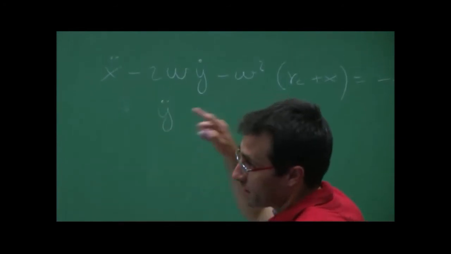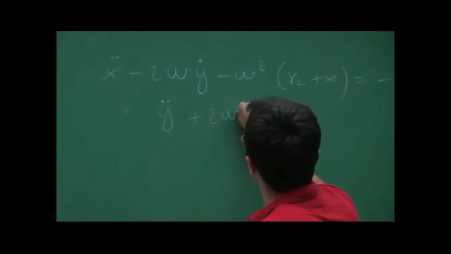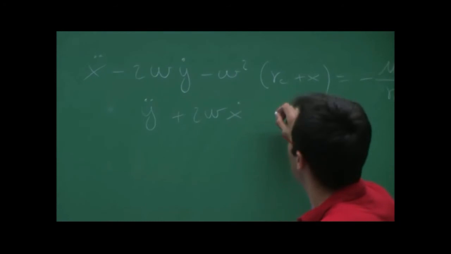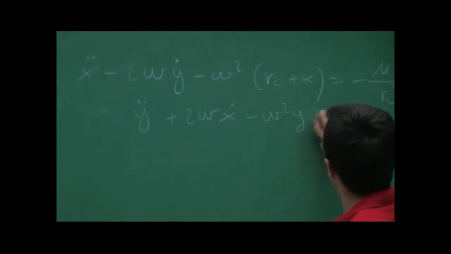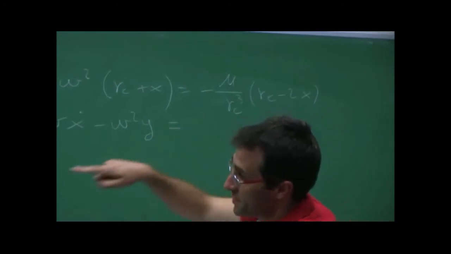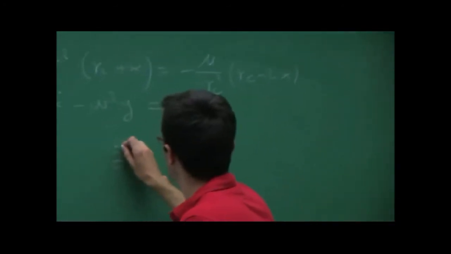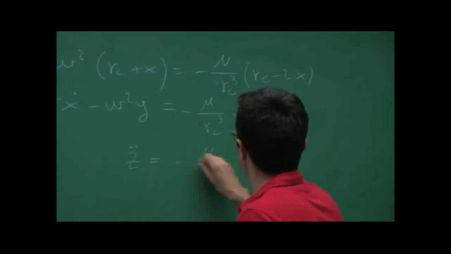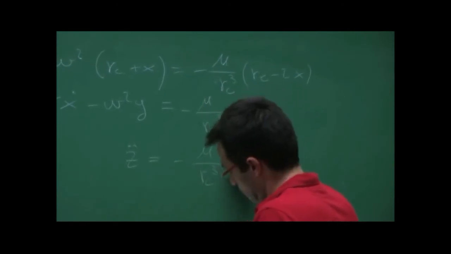Y double dot plus 2 omega x dot minus omega squared y. Now you can prove to yourself with the same procedure that the second one linearized becomes minus mu over RC cubed, just y. And finally, last one, it's always the nicest one, is minus mu over RC cubed z.